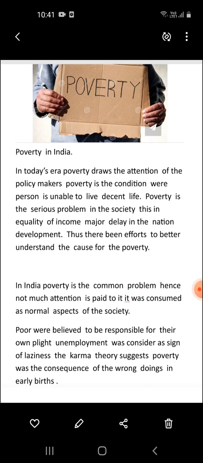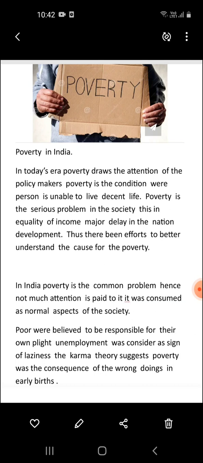So poverty has created widespread inequality in income distribution, and on the other side there is a lack of opportunity for the people.